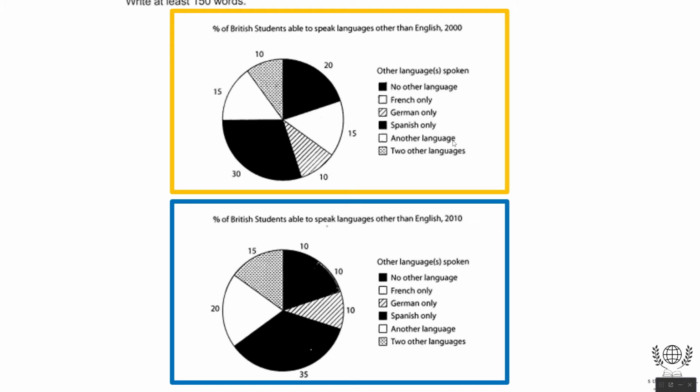We can see there are 6 categories for each of 2000 and 2010. We wouldn't want to write 6 paragraphs, although that's another way to compare them in 6 short little sentences or paragraphs. But it would make much more sense to just compare all of the statistics in year 2000 and year 2010.